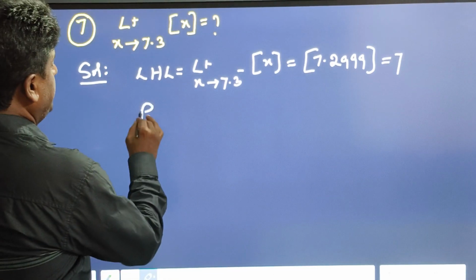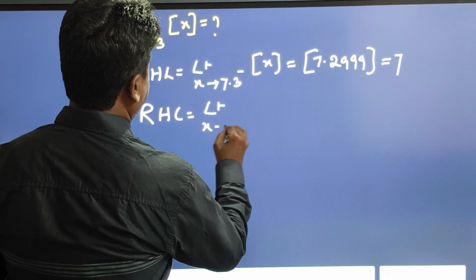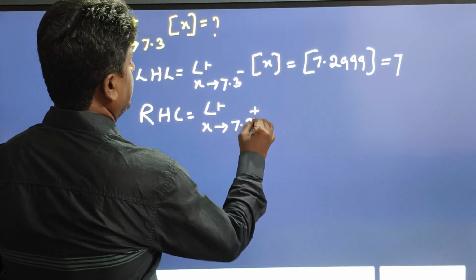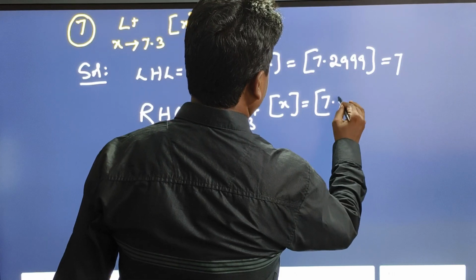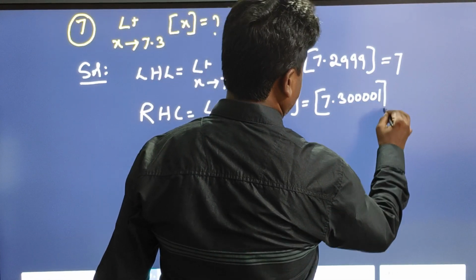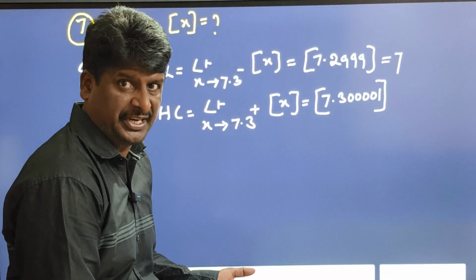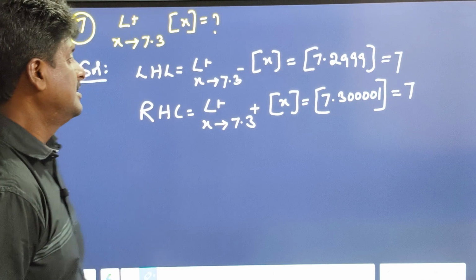Coming to the right hand limit. While talking about the right hand limit, x tends to 7.3 plus, step x, which is 7.3000001 something. It is more than 7.3, which is also equal to 7.